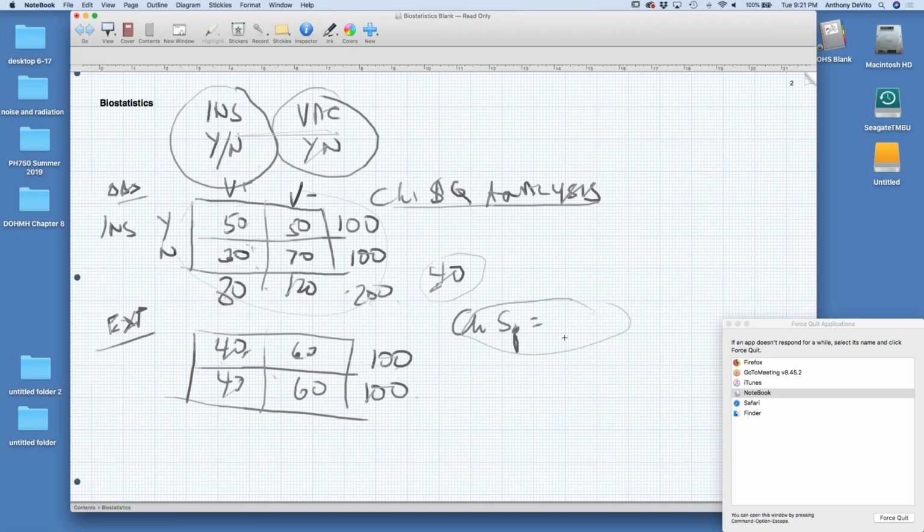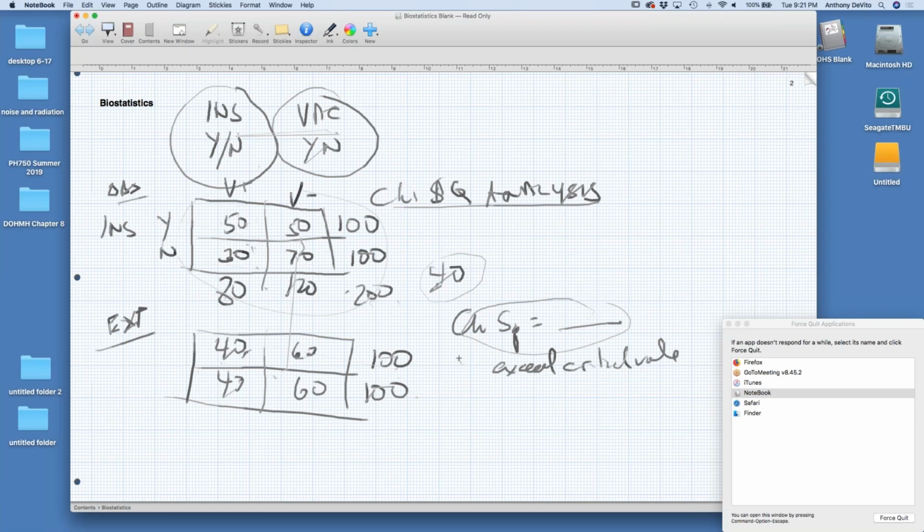So that chi-square value tells us, if it exceeds the critical value for chi-square, that we can go ahead and reject the null hypothesis that there's no association between these 2 variables, and accept the alternative that there is an association.